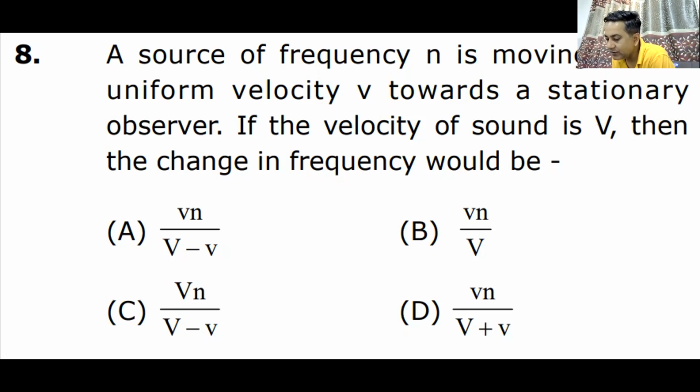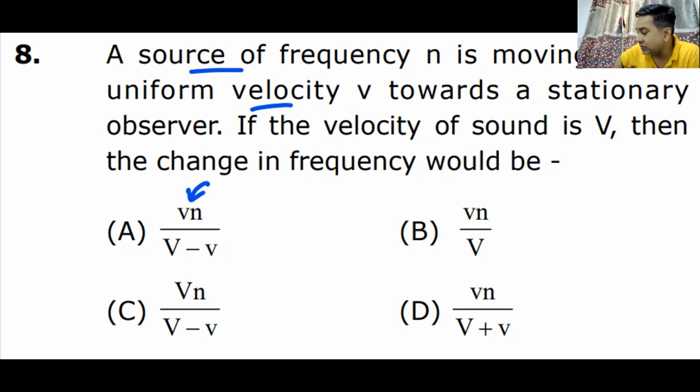And the option is not A. In option A, we have small v here, which is the velocity of source. Capital V is the velocity of sound.